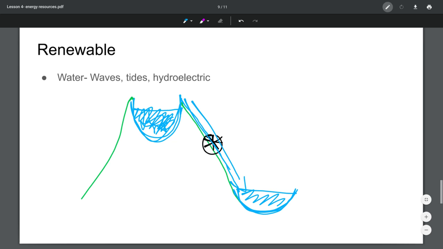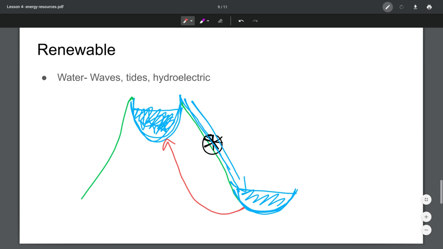Now, when it's not in use, and this is kind of the downside of it really, this water that's moved from the top to the bottom has to be pumped back up to the top. To do that you actually have to use electricity to pump it back up again. And that electricity could come from, let's say, a coal-powered power station.